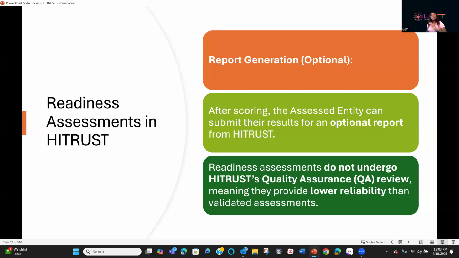Remember, this is still at the level of readiness. We've not gone through validated at all, right? So you can opt in for a report generation, but it will not go through quality assurance, and you still cannot expect 100% perfection from their review. Okay.